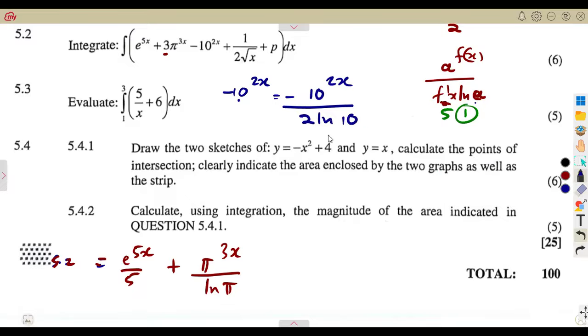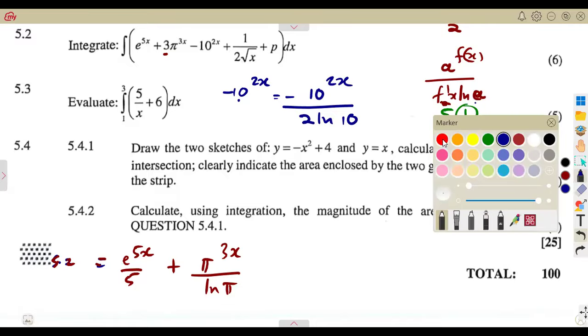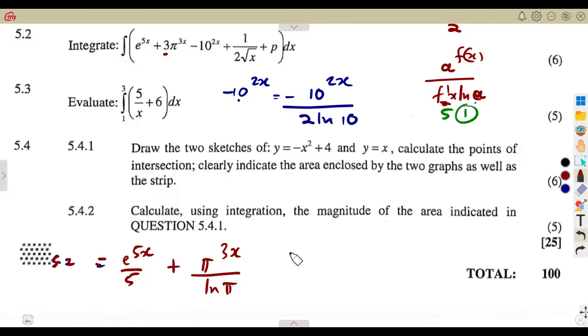Then we've got the ln of 10. So in this case we are going to have a minus 10 to the exponent of 2x, everything over 2 times the ln of 10.